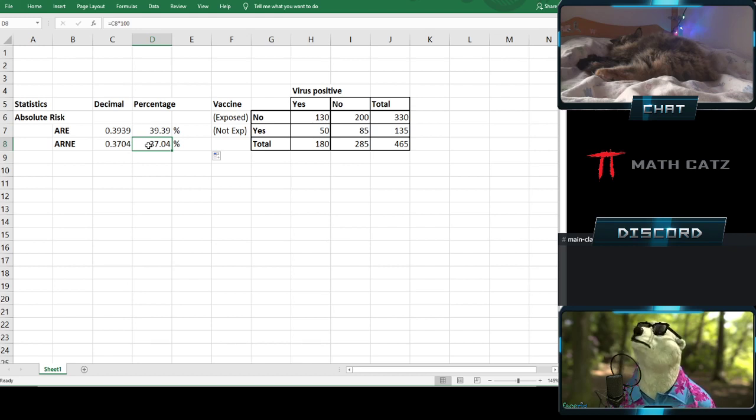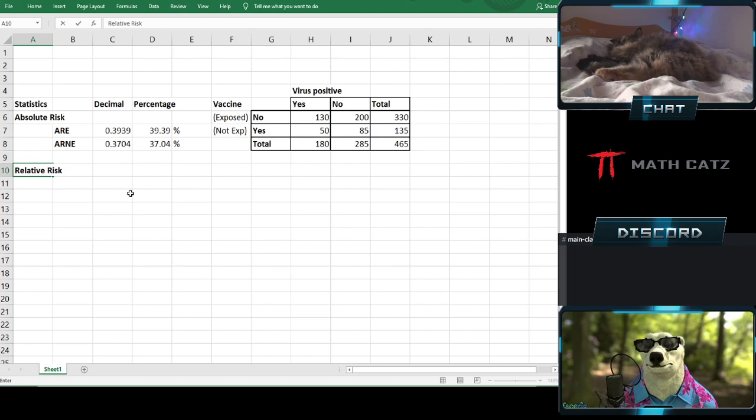This one, very small difference, but there is a difference. And now we want to express that difference in a variety of ways, essentially. So it's good after the absolute risk calculations to just pause and say, let's look at what we have here.